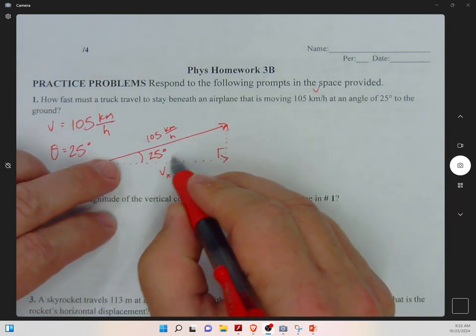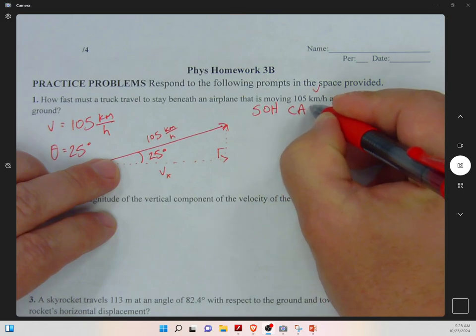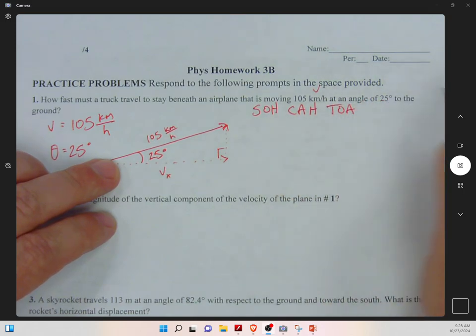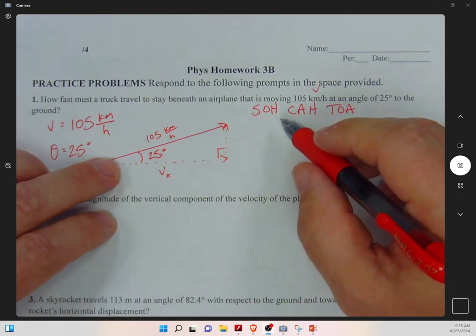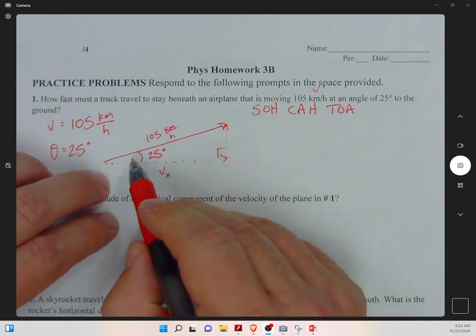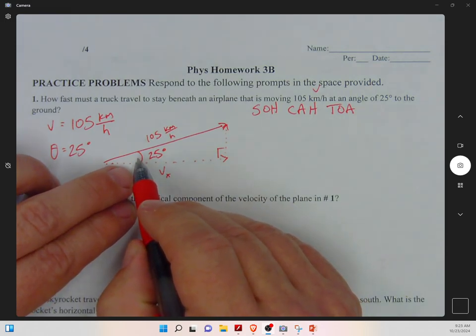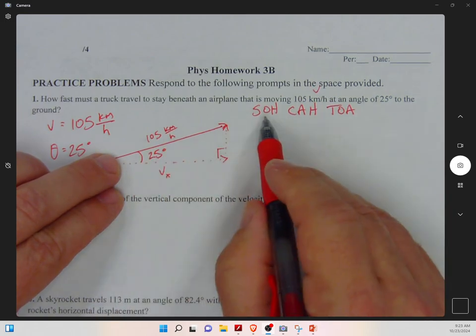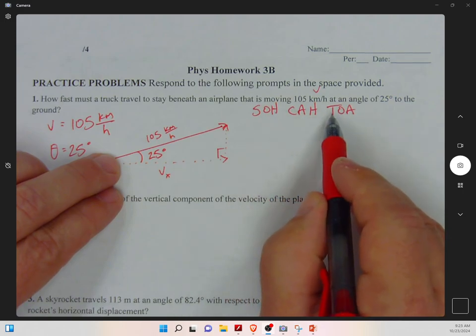When I go to use my SOHCAHTOA rules, these always are from the perspective of a specific angle, and you can pick the wrong angle and the perspective that goes along with it. So if I draw in my vector diagram that this is the angle I'm starting from, it's very easy to choose which function to use, sine, cosine, or tangent.